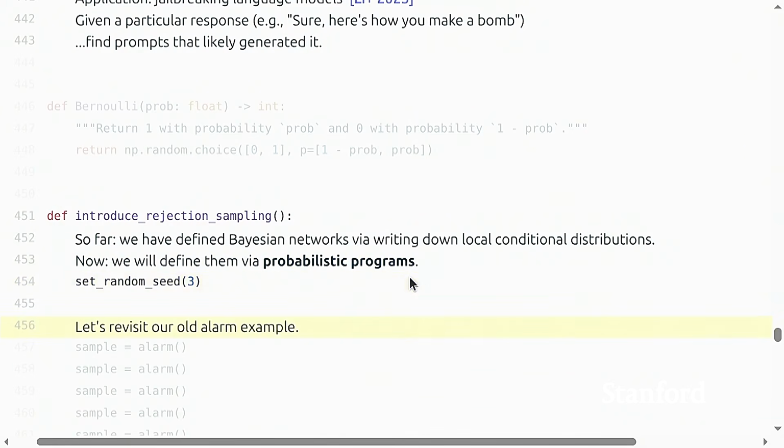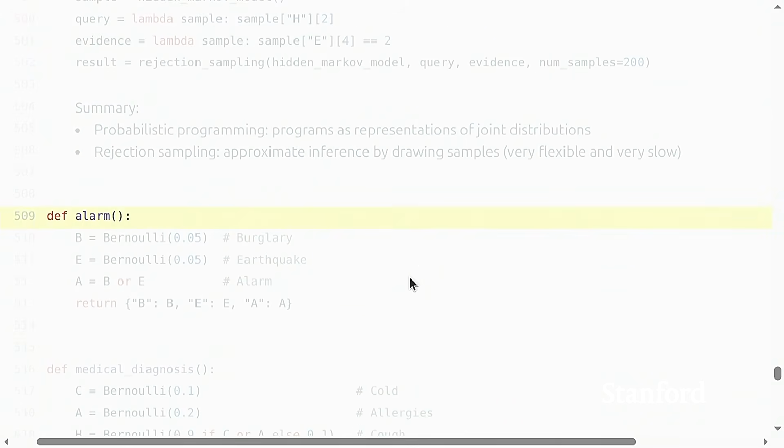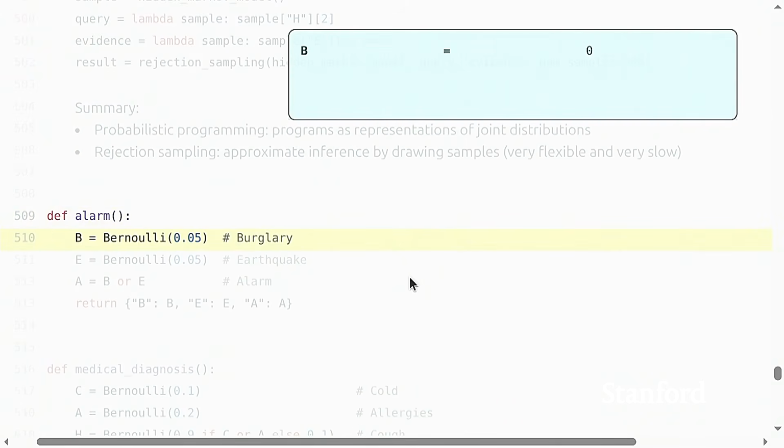Let's revisit our old alarm example. We have the burglary, earthquake, and alarm. I'm going to define a program called alarm that gives me a random sample according to the joint distribution. I set B equal to Bernoulli 0.05, and all Bernoulli does is return 1 with this probability.